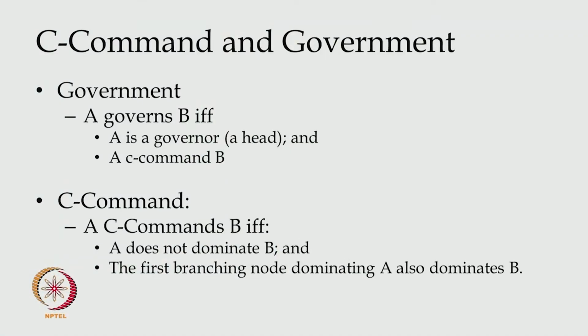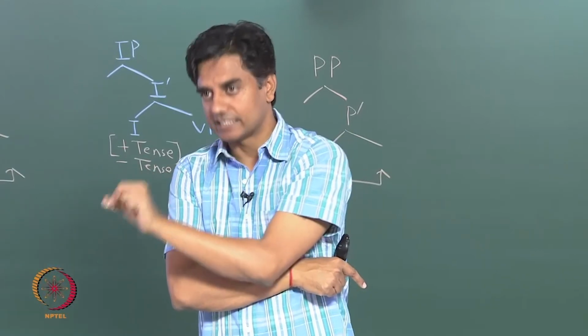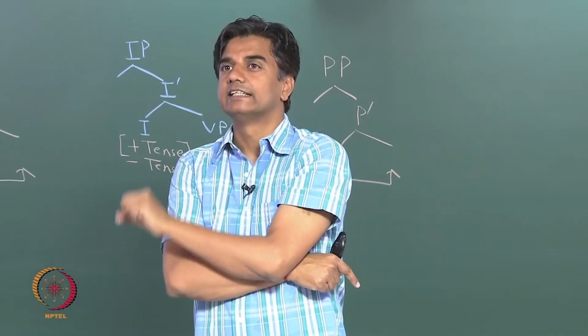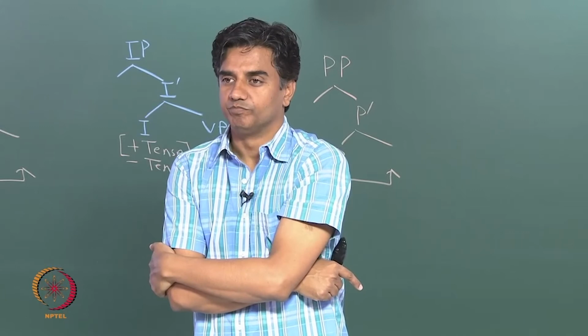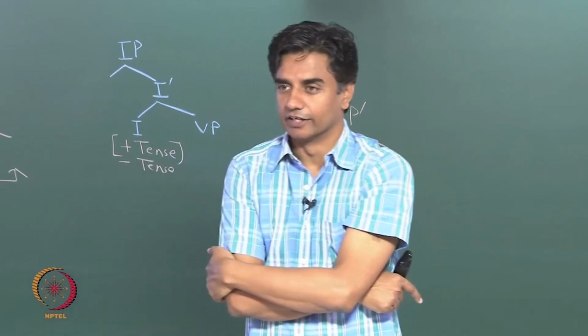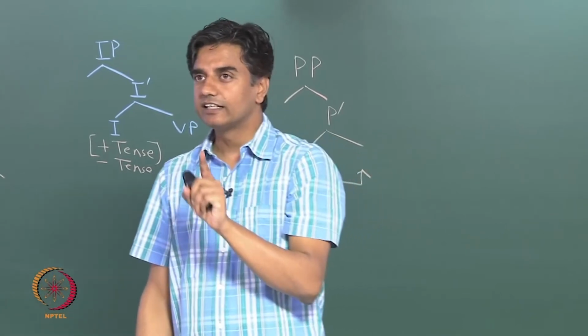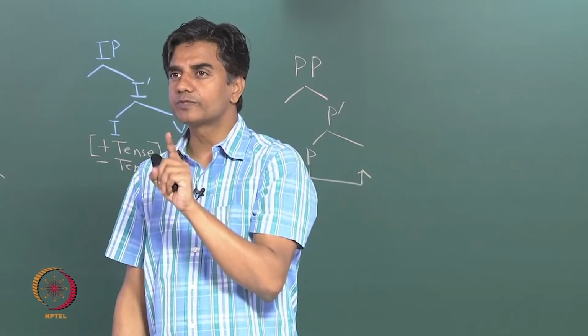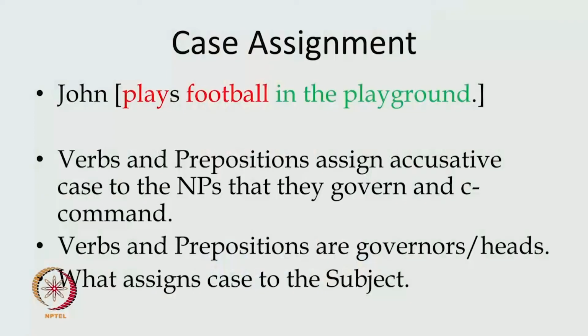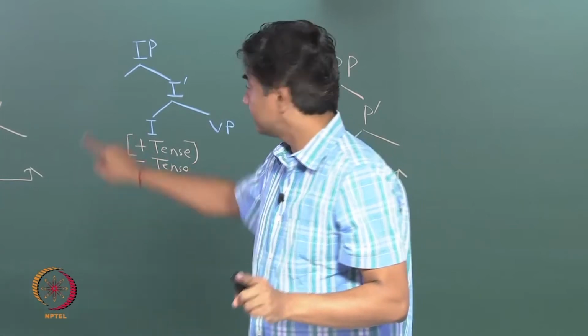The node A governs node B if and only if A is a governor, which is A must be a head, and A c-commands B. Then A is a governor. So when we said, hold on before we come to c-command again, when we said verbs and postpositions are governors, we are also saying verbs and postpositions must be heads, which they are. And they can assign cases only when they are in the head position.